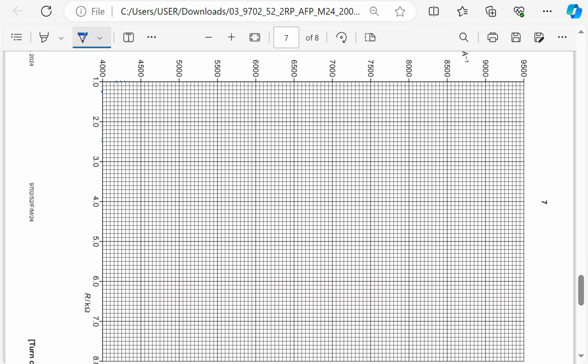So I'll just take approximately this point here. It's almost to the next line, but it's in the middle of this box. Of course, when you are plotting, you should be very careful so that your point looks extremely neat.